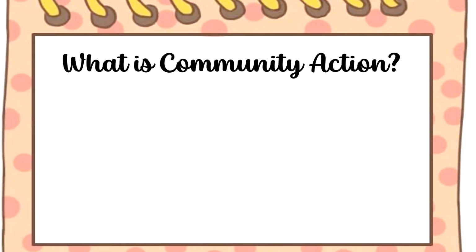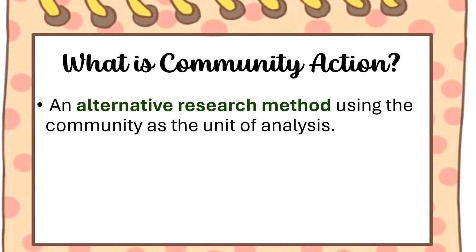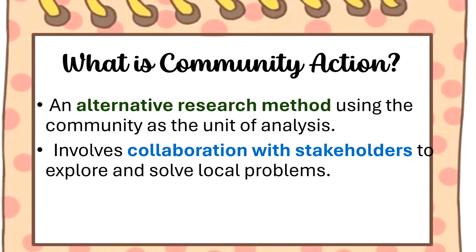What is community action? It is an alternative research method using the community as the unit of analysis. It involves collaboration with stakeholders to explore and solve local problems. Think of community action as fixing a leak in your own house, but with the whole family helping. It's an alternative to traditional research, which often observes problems from a distance.